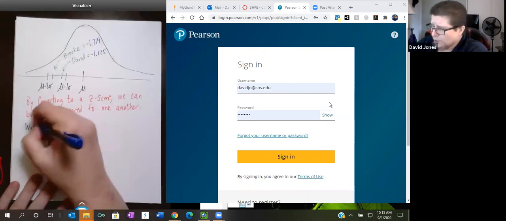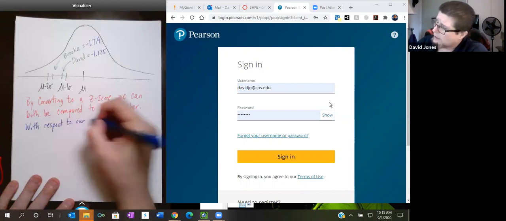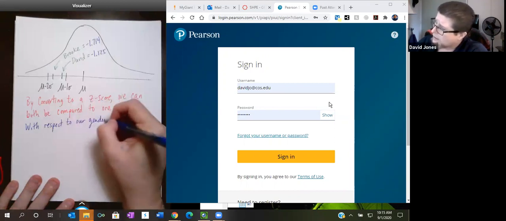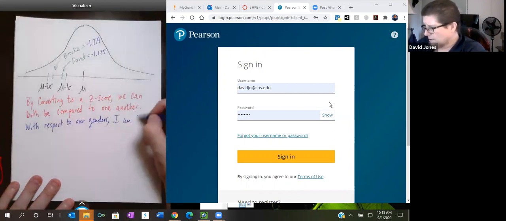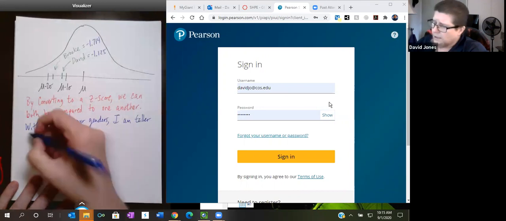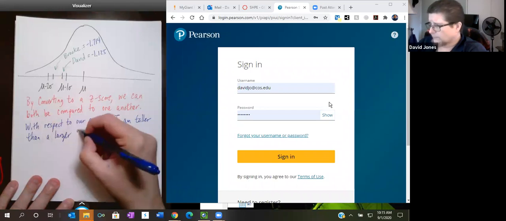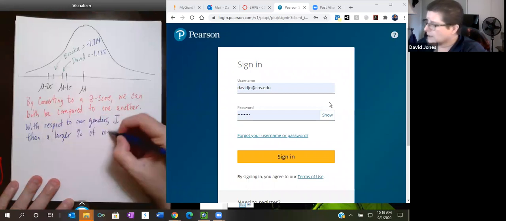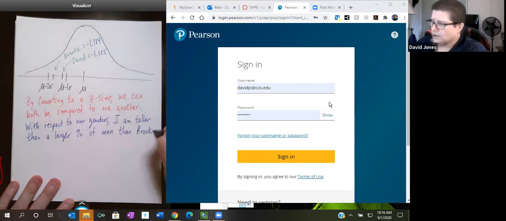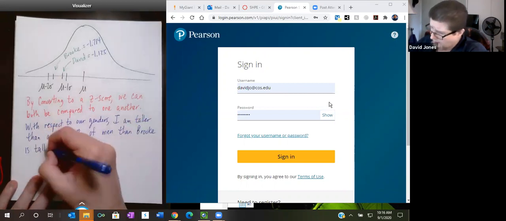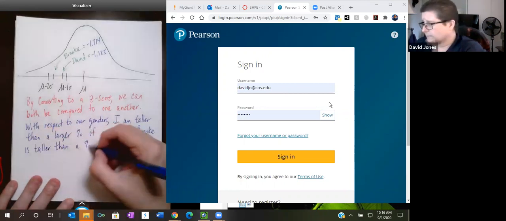With respect to our genders, I am taller than a larger percent of men than Brooke is taller than a percent of women.